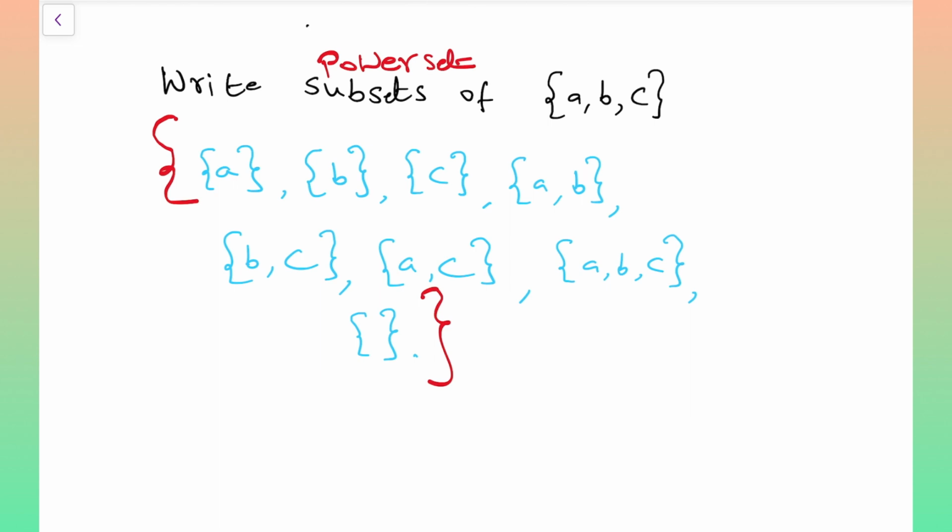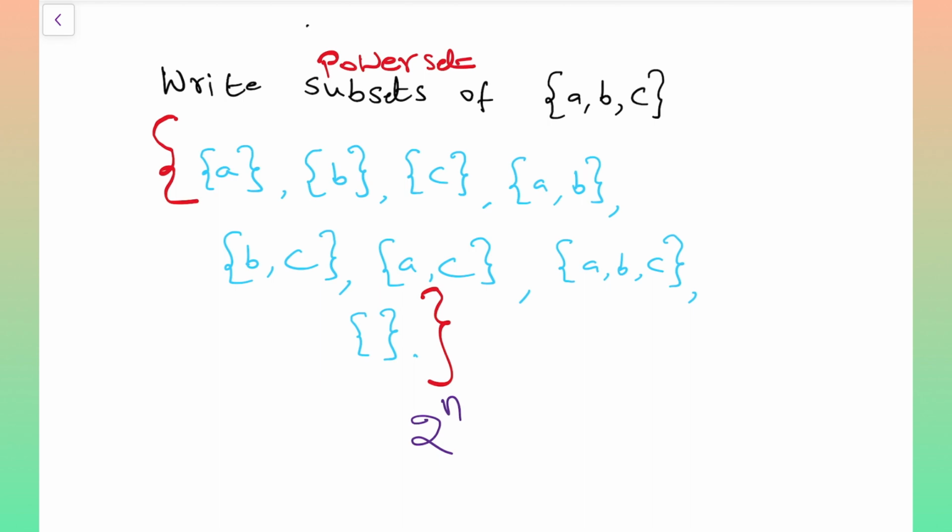Power set is nothing but the set of all the subsets. While writing the subsets, sometimes we get confused: instead of writing 8 elements, we write 3 elements only, or 4, or 7, or 9 elements. To avoid this confusion, just remember one formula, the number of subsets formula: 2 power n.